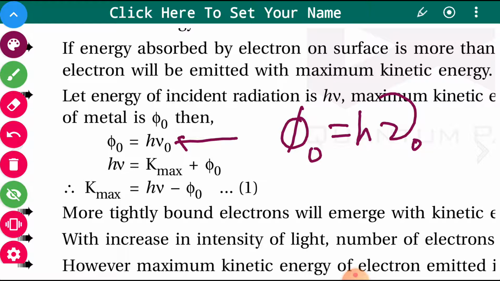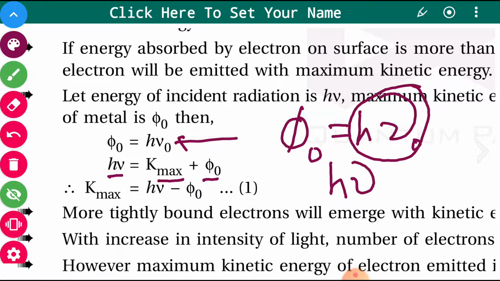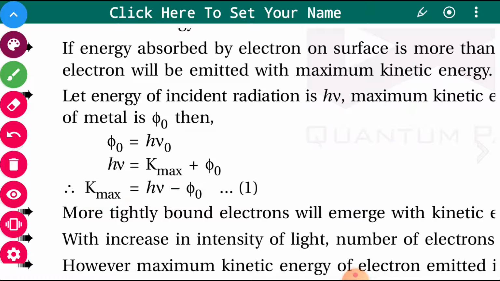Now if you are incident with energy h nu more than h nu 0, then h nu is equal to the maximum kinetic energy plus the minimum energy required, and that is nothing but the work function. So K max is equal to h nu minus phi 0.